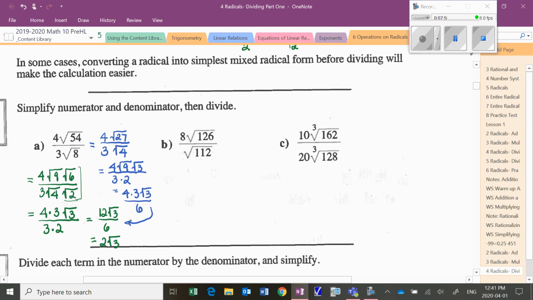That's what we've got right there. So you can see that we end up with exactly the same final answer, just a couple of different ways as to how to get there.